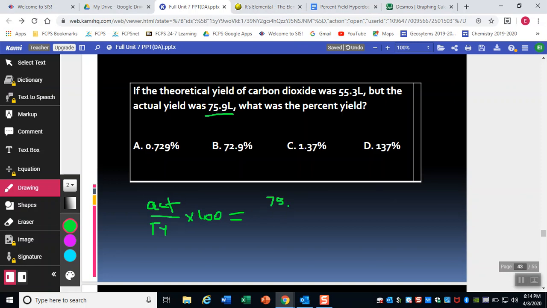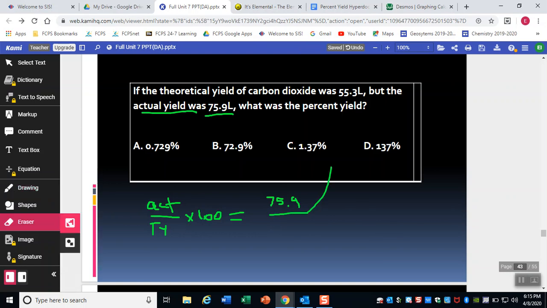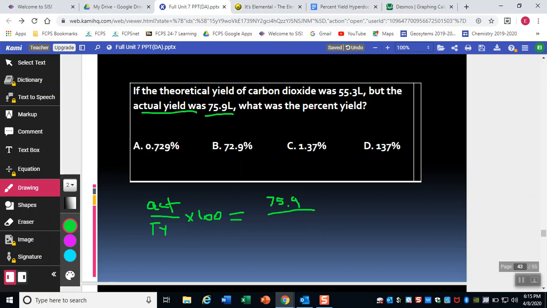Now this is just a pretend problem to catch you, so make sure you're reading it carefully, because what people tend to do is put the smaller number over the bigger number, because that's usually what happens. But it says here that the actual yield is 75.9, and we're going to divide by the theoretical yield, which is 55.3.